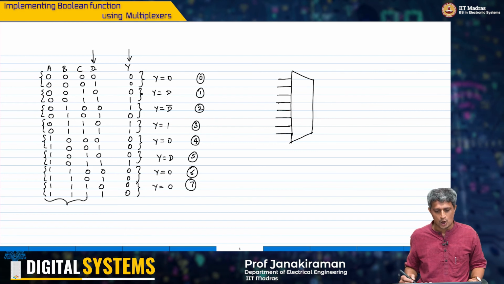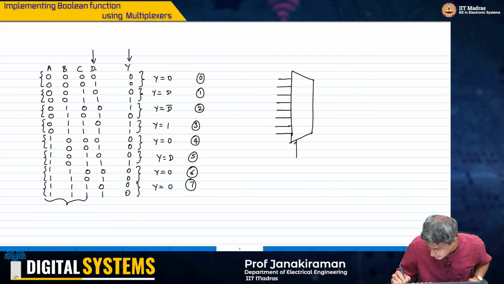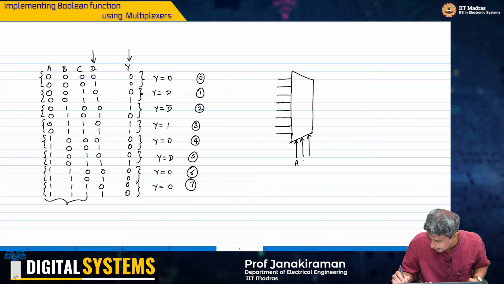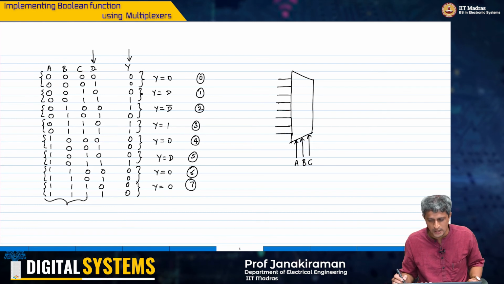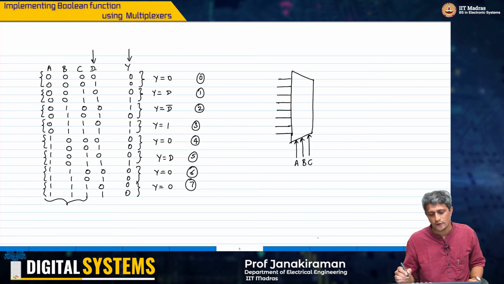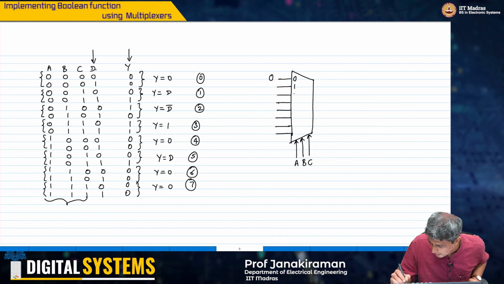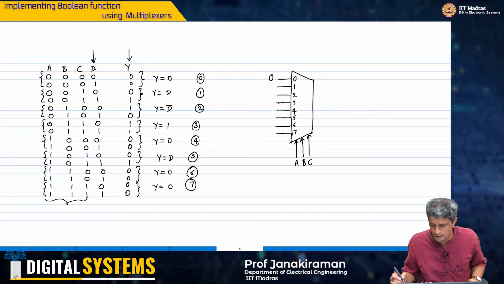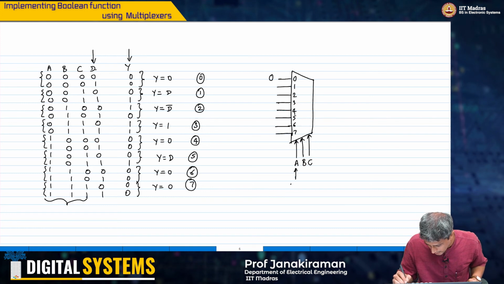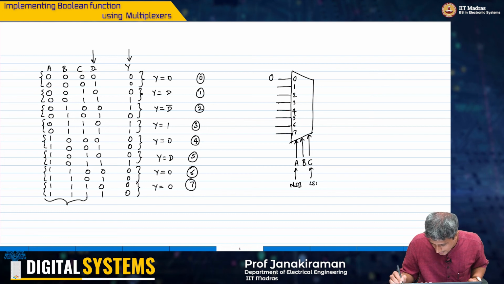All I am saying now is my select lines to this multiplexer, the MSB is A, B, C. I am simply going to say if the input is 0, 0, 0, then my output Y is going to be 0. So this is 0, 1, 2, 3, 4, 5, 6, 7. And remember, this is the MSB and this is the LSB.